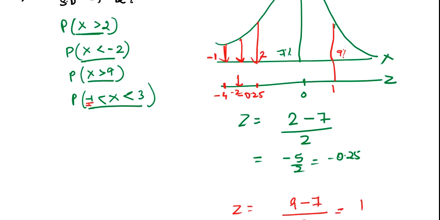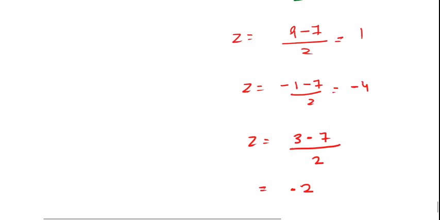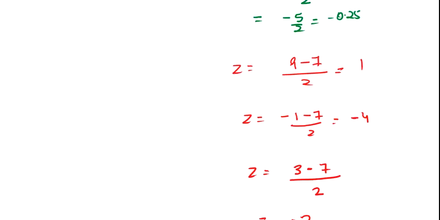Minus 2. And I want to change one value, from minus 1 to minus 2. Better we change the value here as well, otherwise our calculation is going to be very complicated. So rather than using minus 1 here, let us use minus 2.